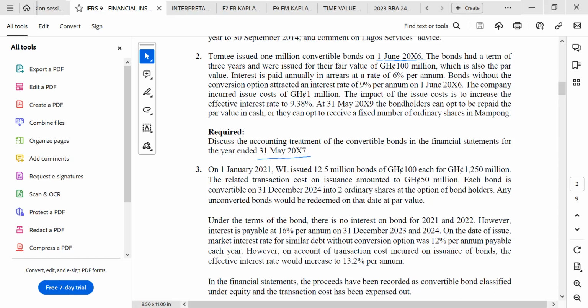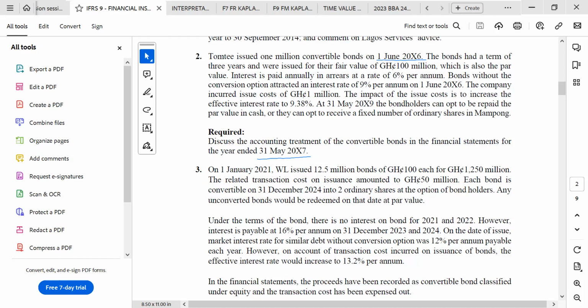All right. So they have issued 1 million convertible bonds on 1st June. The bonds had a term of 3 years and were issued at their fair value of 100 million Ghana cedis, which is also the par value. Interest is paid annually in arrears at a rate of 6% per annum.